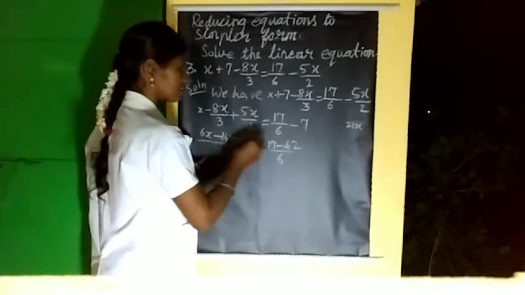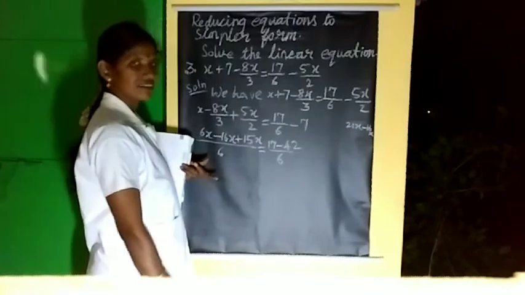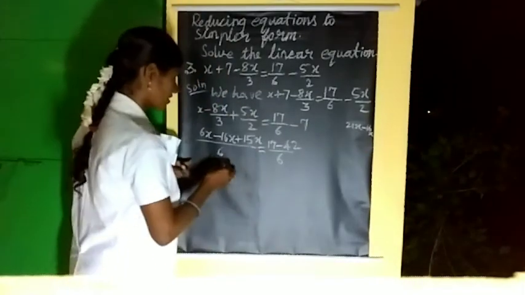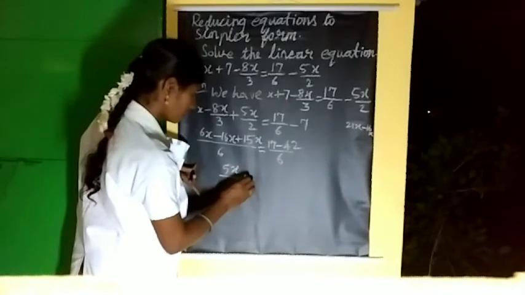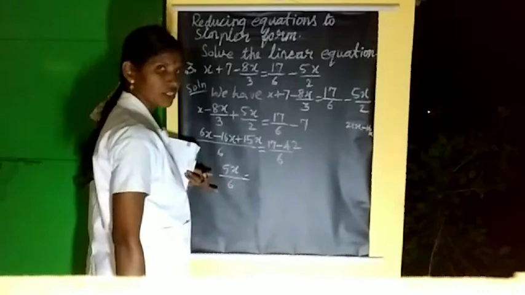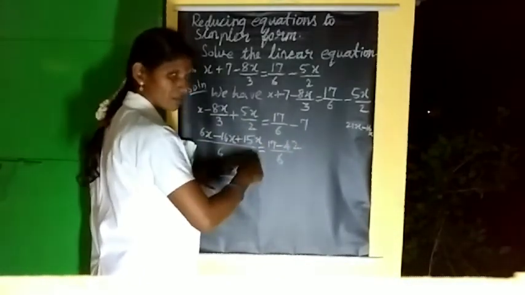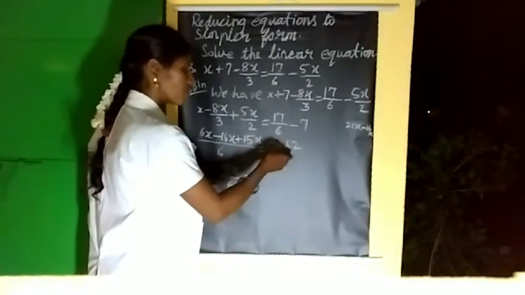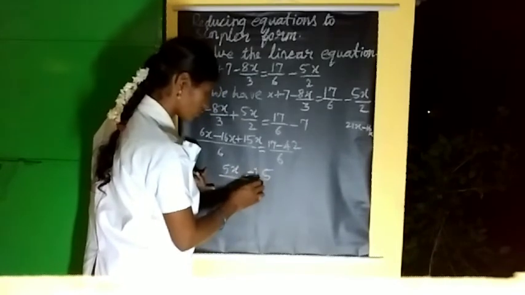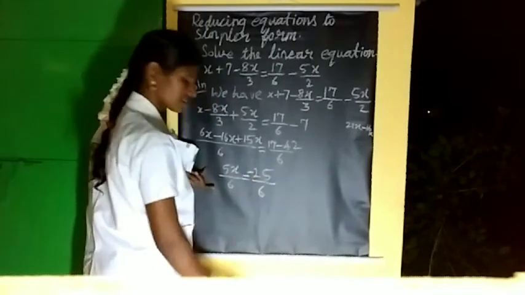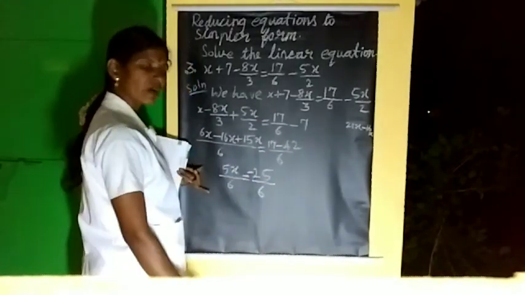21x minus 16x. What is the answer? 21 minus 16, 5x. 5x divided by 6 is equal to 17 minus 42. From the bigger number you subtract, and the bigger number's sign you put. 42 minus 17, 25. So minus 25 divided by 6. Then we have to multiply both sides by 6 by 5.